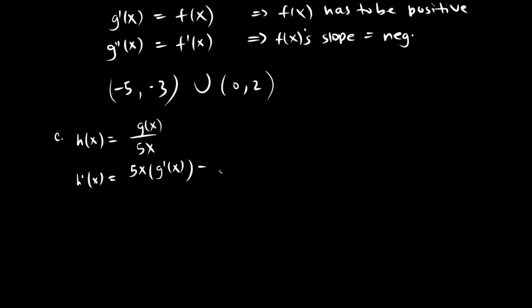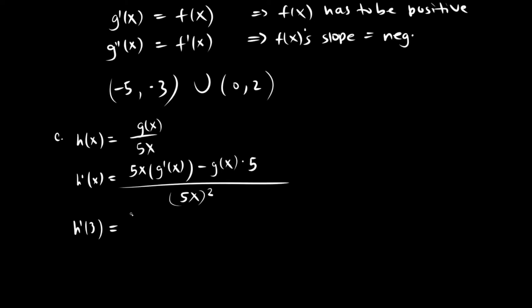And you subtract this from, now you keep the top, g of x, multiplied by the derivative of the bottom, which is just 5. And this is all over your denominator squared. So this is 5x squared. So now we can evaluate this at x is equal to 3.